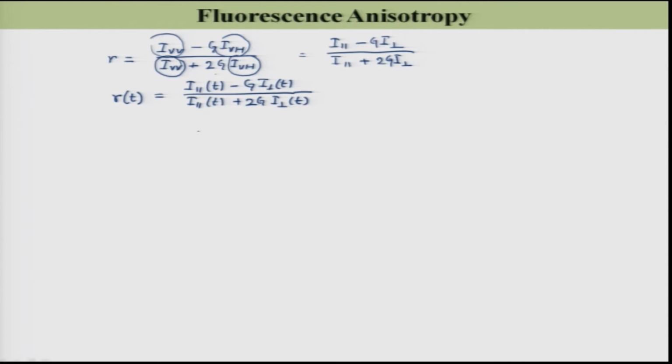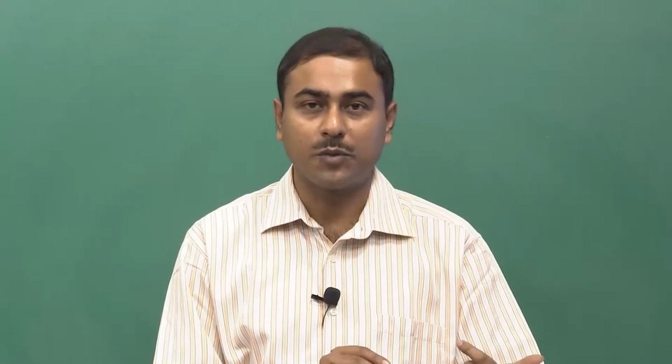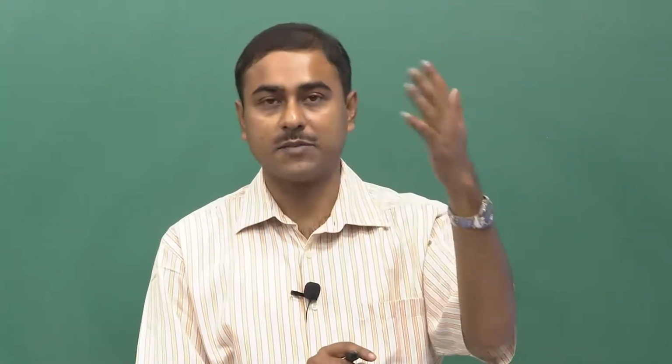Now, if I calculate this r value at time 0, just after excitation, the r value should be high. As time goes, this r value will keep on decreasing, and at a very long time all the fluorophores will reorient themselves and be randomized. Then the fluorescence will be completely unpolarized and you will get r equal to 0.